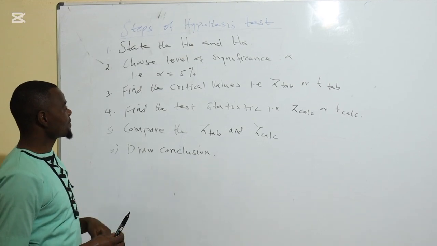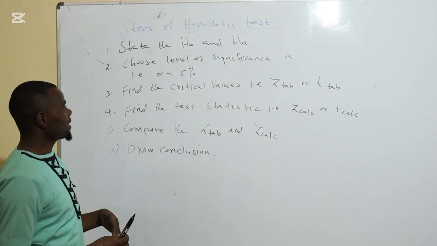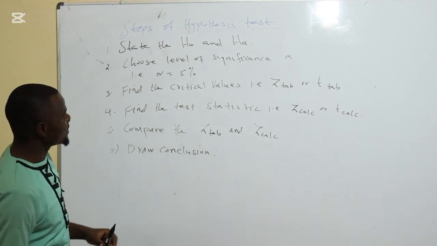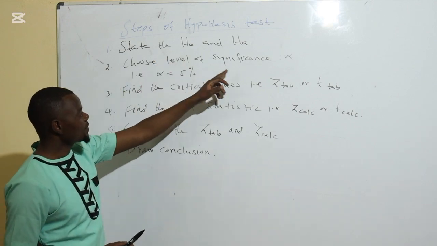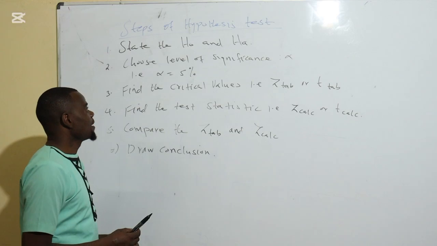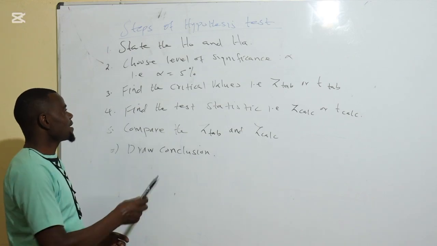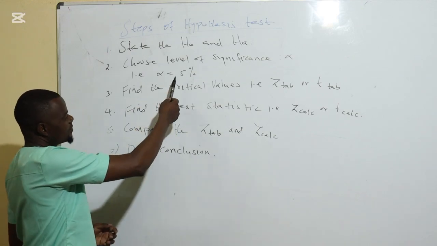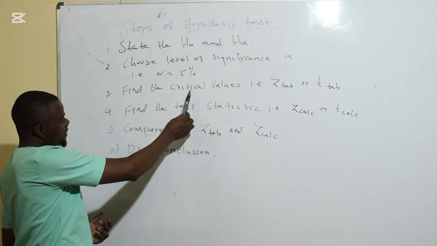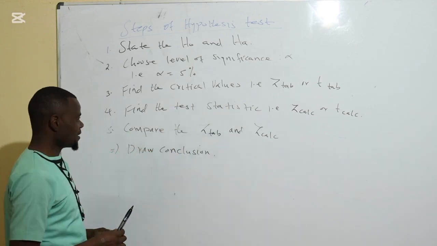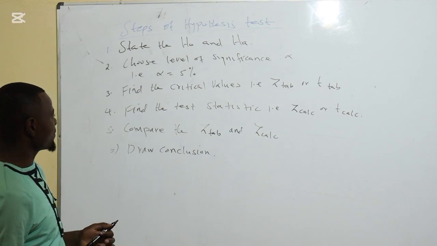If they use is, less, greater, at least, at most, you know the sign that takes. Step number 2, choose the level of significance alpha. Most of the cases the alpha value is given, and most commonly they use 5%. Step number 3, find the critical values. And these critical values, we read them from the table.